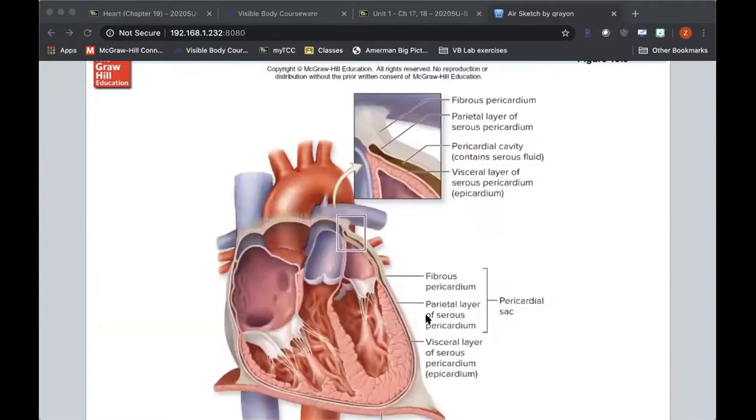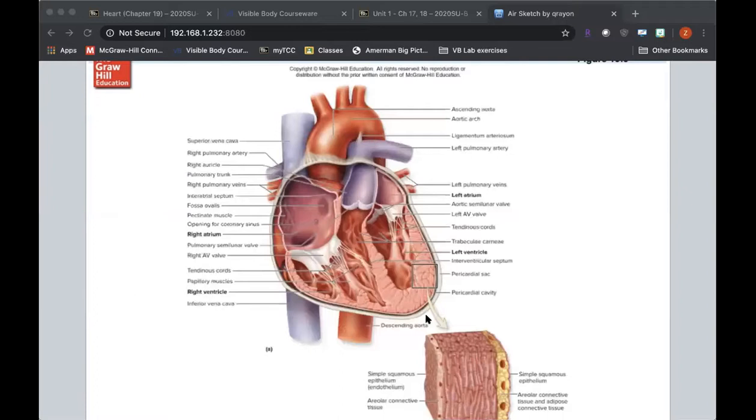I wanted to look at, actually, I don't know why we are going into pericardium. I really wanted to look at some internal features here because we already talked about those valves and such. This figure right here is going to be a very important figure for you when you're labeling the heart. You should be able to label everything that is on this heart.